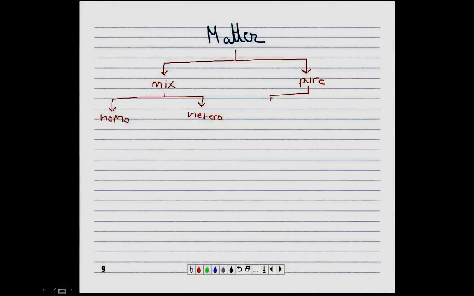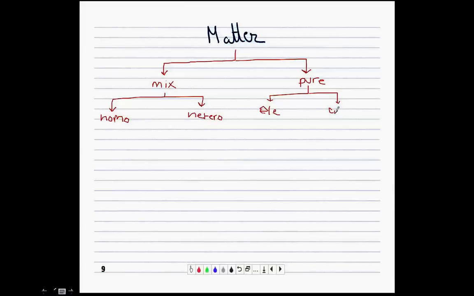Now, to go from a mixture to a pure matter, we do a physical process. We're going to talk in detail about what I mean by separating via physical process.